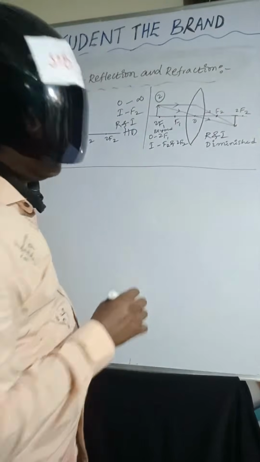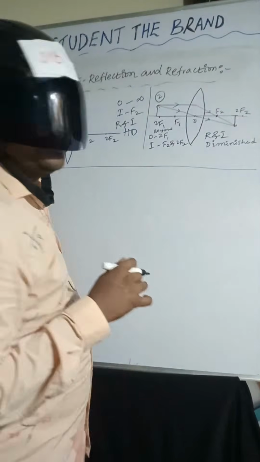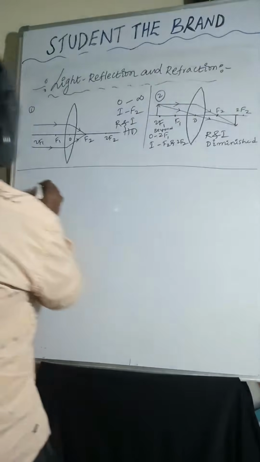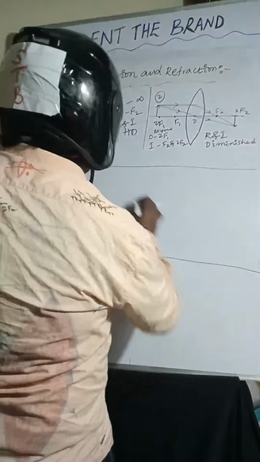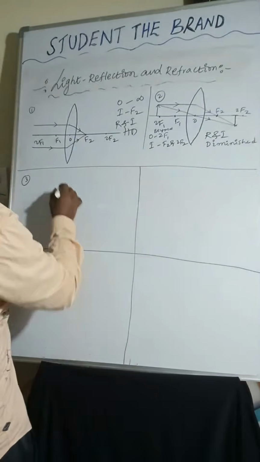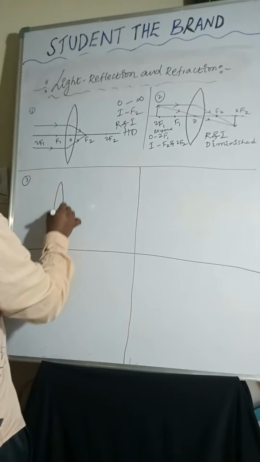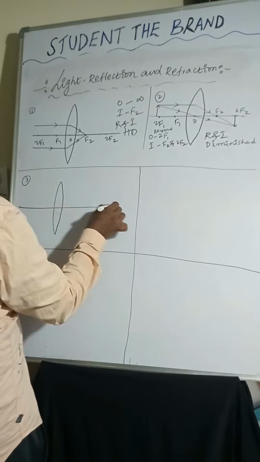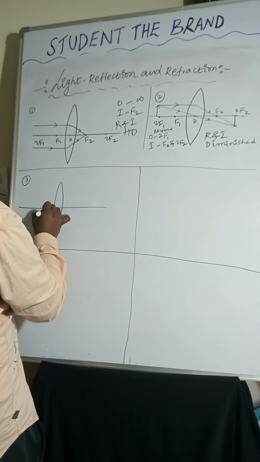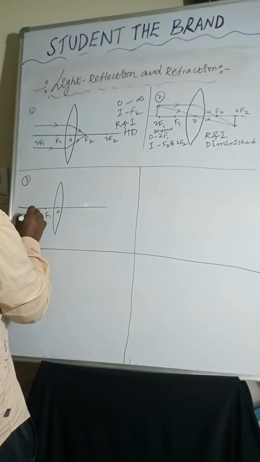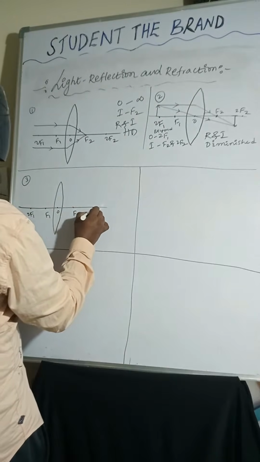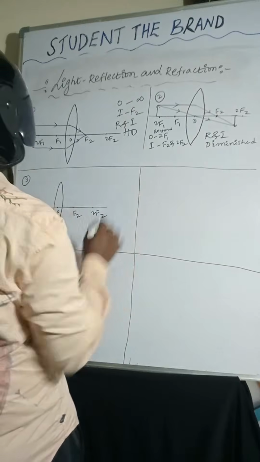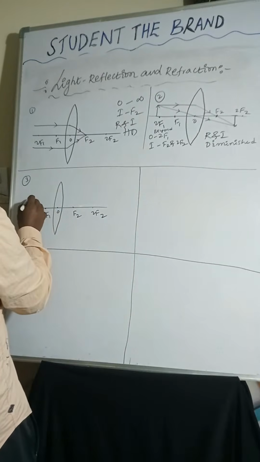So third image formation we will discuss for convex lens. Optic center, F1, 2F1, F2, 2F2. Object is placed at 2F1.